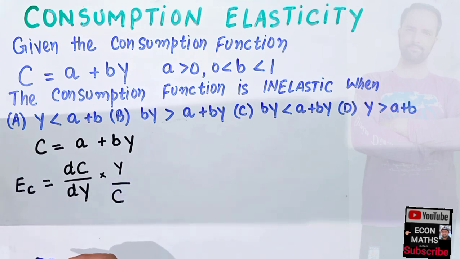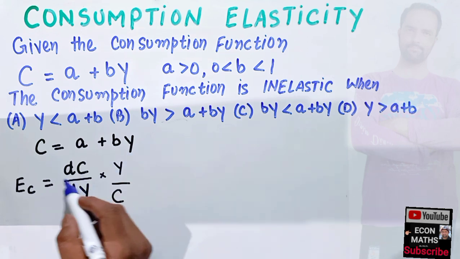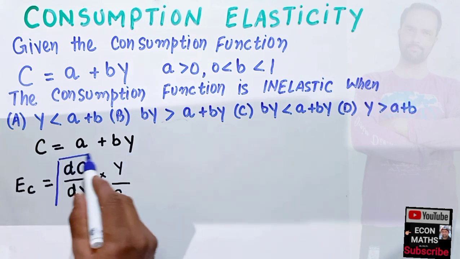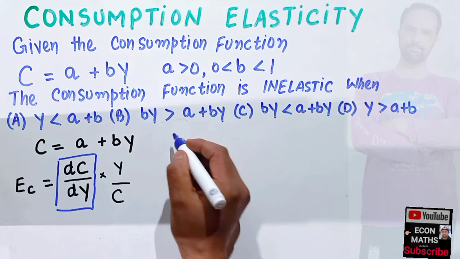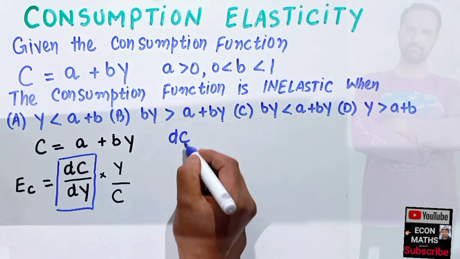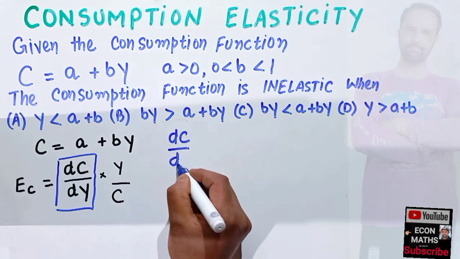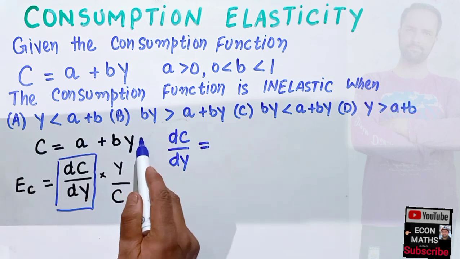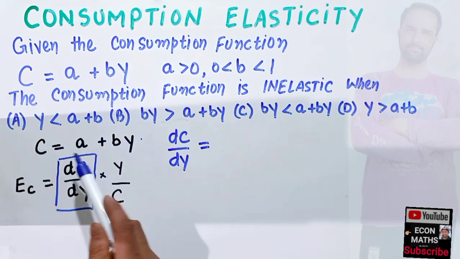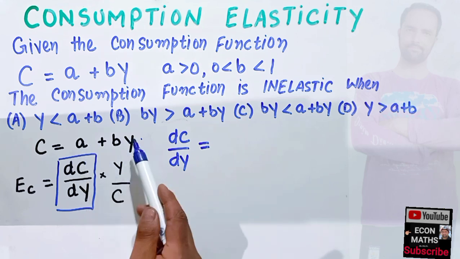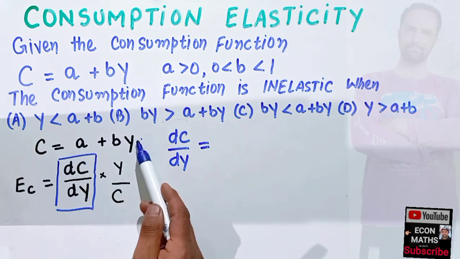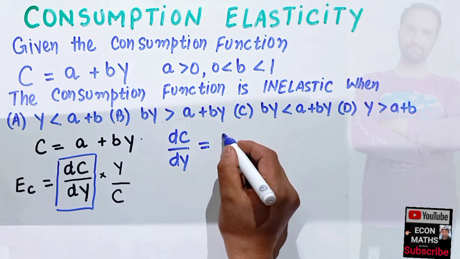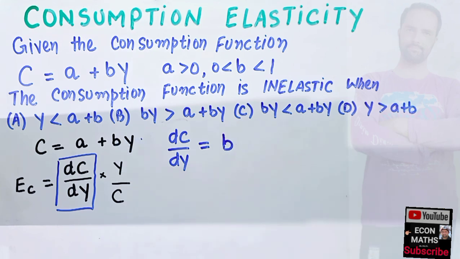Now what we need to do, a simple thing, is first find this very derivative, that means change in consumption upon change in income. Taking the derivative of this function with respect to income, the derivative of a constant is 0, and the derivative of Y will be 1 by the power function rule, so we are left with B only.